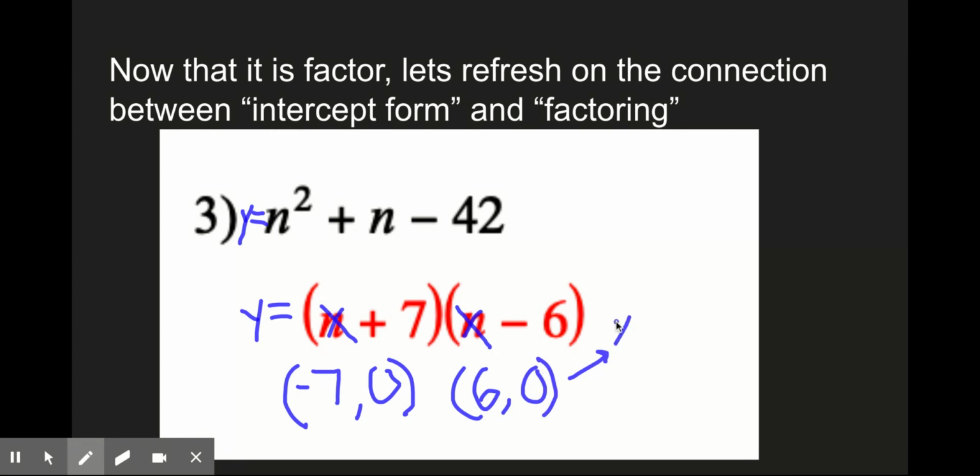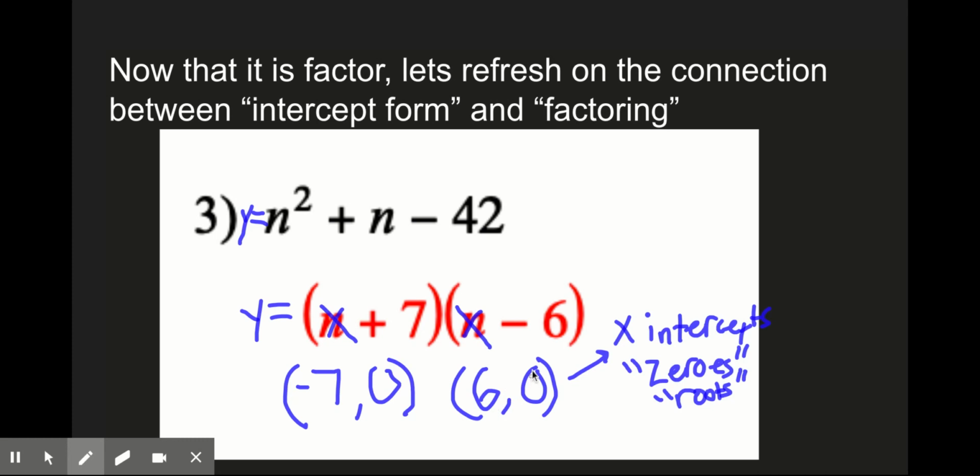This is what is called x-intercepts, but they're also frequently called zeros. They're frequently called roots. And it kind of makes sense that these are called zeros because they produce a 0.